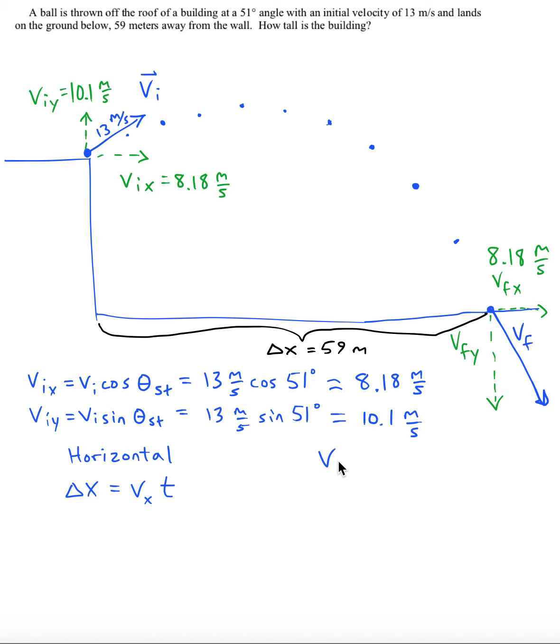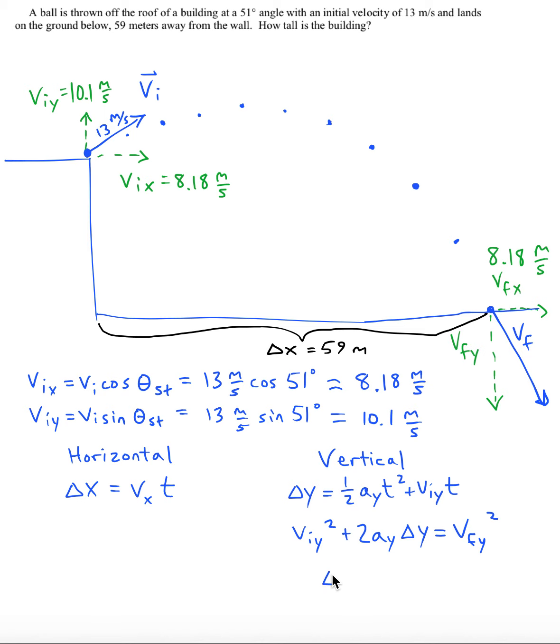If, on the other hand, we want to look at the vertical dimension, then we might use formulas such as delta y equals 1/2 ay t squared plus viy t. Or we might use viy squared plus 2 ay delta y equals vfy squared.